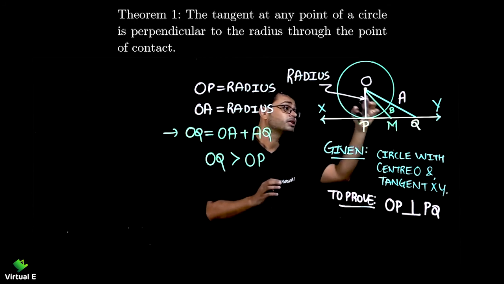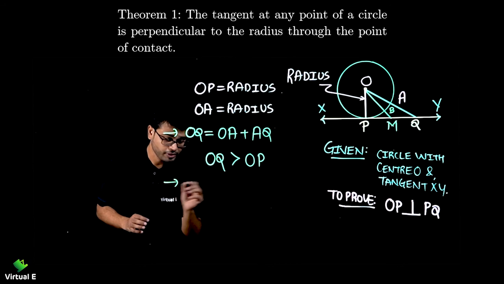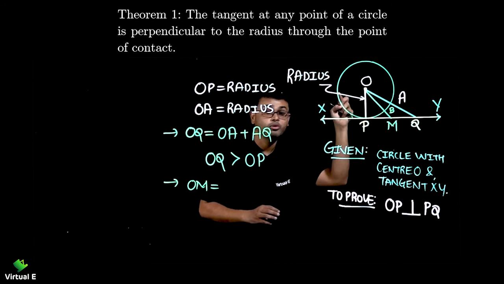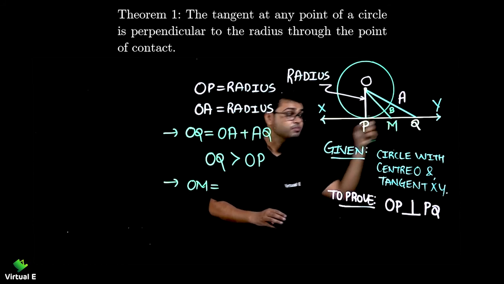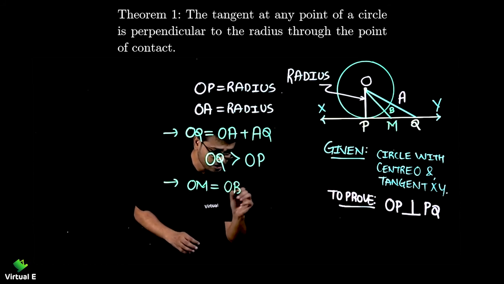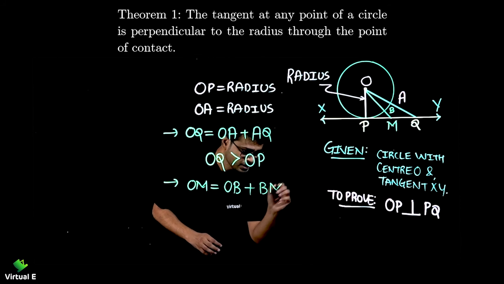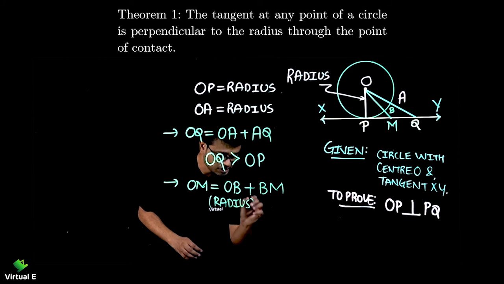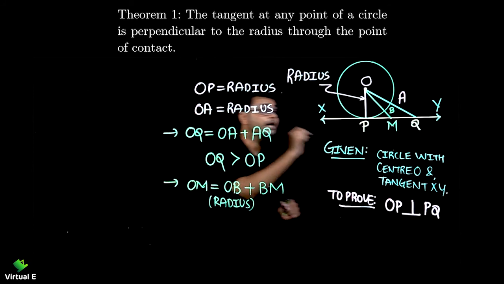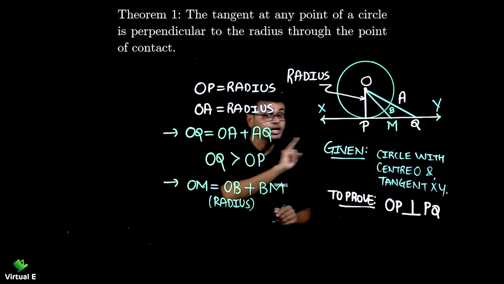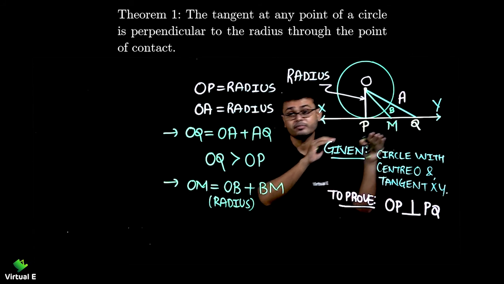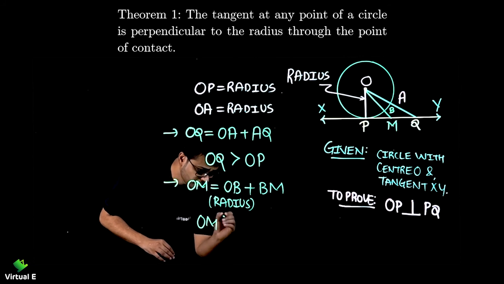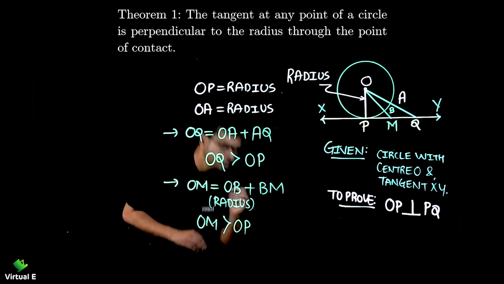Now, if I do for the OM, OM is equal to, can I write radius? Radius is what? OB, right? OB is the radius plus BM. So OB plus BM. Here I can write that this is radius. So this is another point on the tangent other than P. I'm not taking P. I'm taking any other point than P. So here also I'm getting the same conclusion that OM is greater than OP.